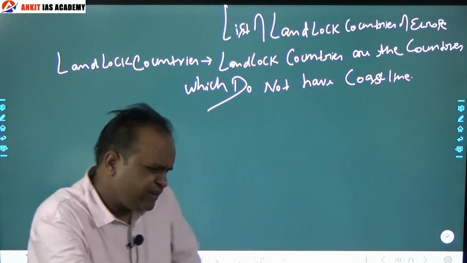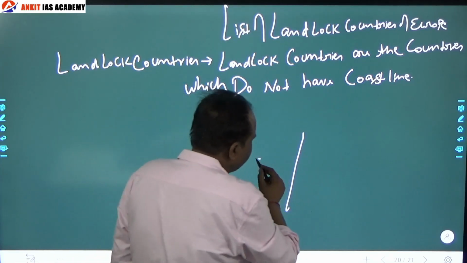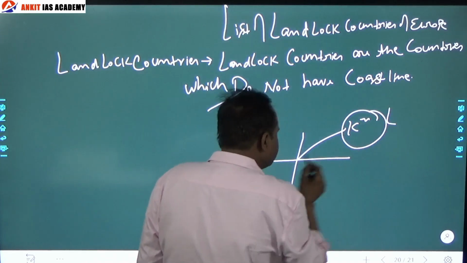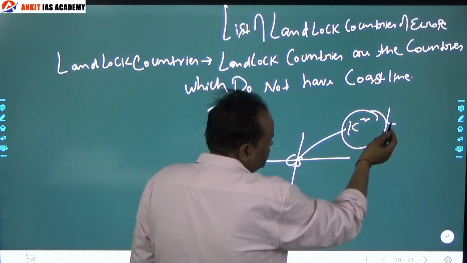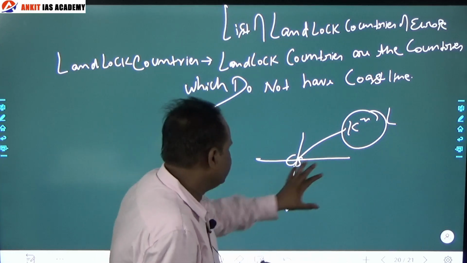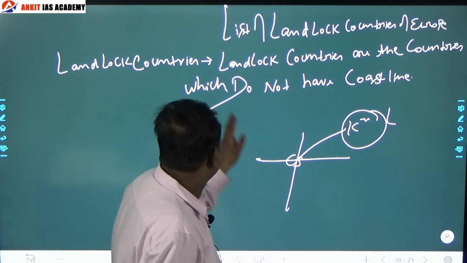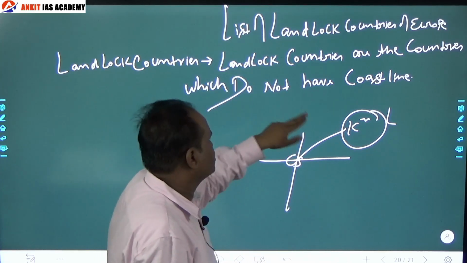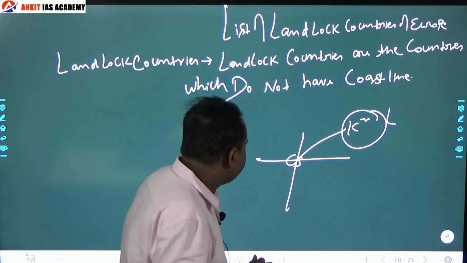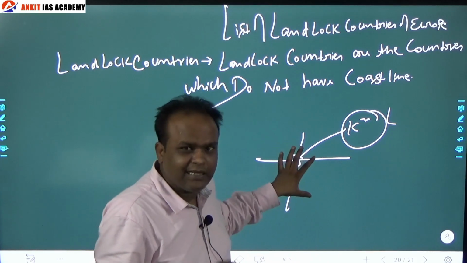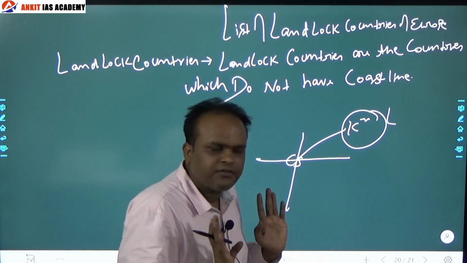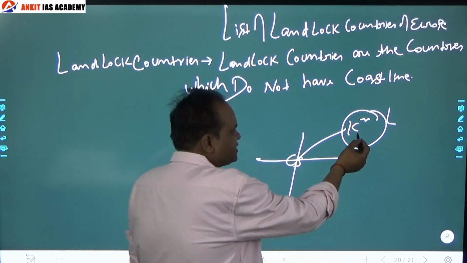We have discussed before that Kazakhstan is also a landlocked country. This is Caspian Sea. How does it share its border with Caspian Sea? I told you at the initial part of this lecture that Caspian Sea is a lake, and a lake does not have coastline. That is why Kazakhstan is there.